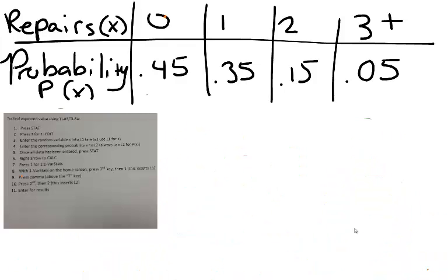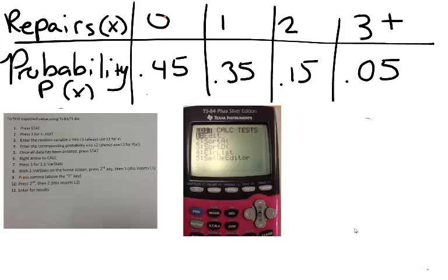To find the expected value using a TI-84 graphing calculator, we simply take the following steps. First, press Stat. When you press Stat, this is the screen that should appear. Select option 1 for Edit.